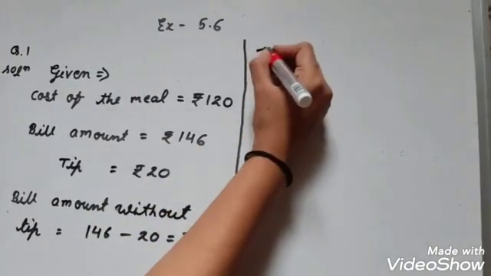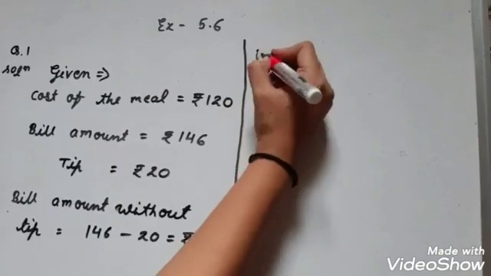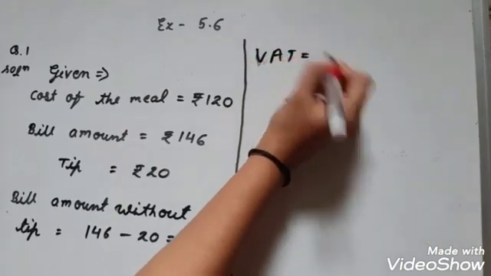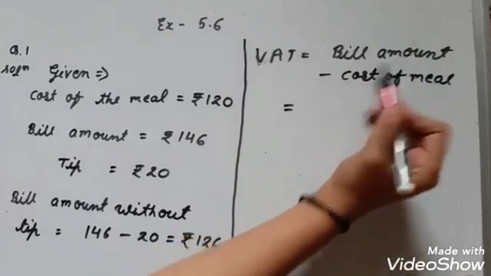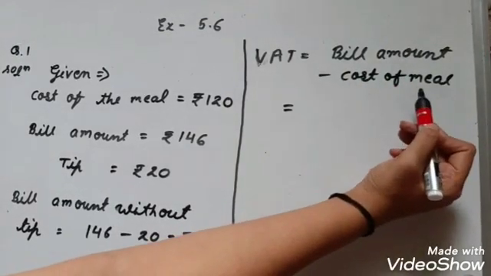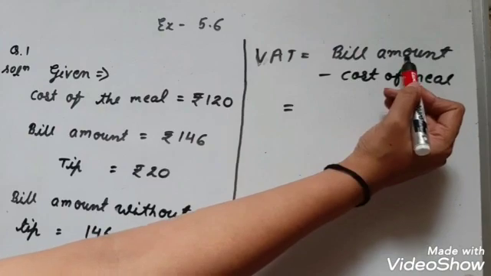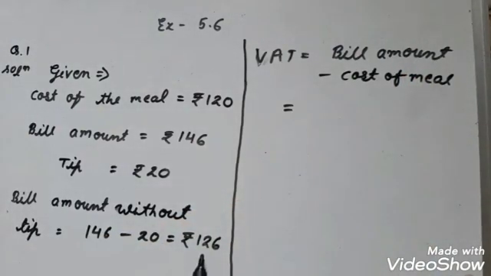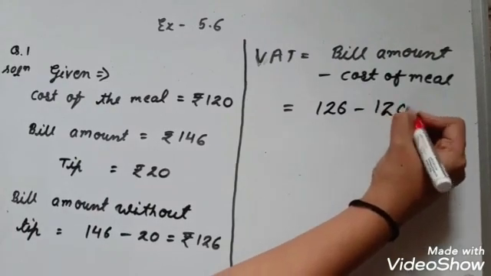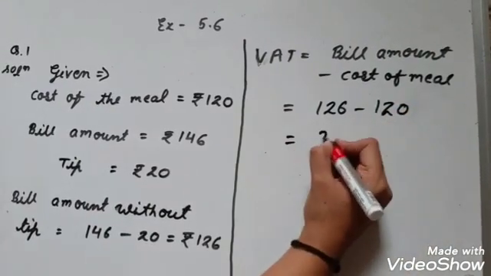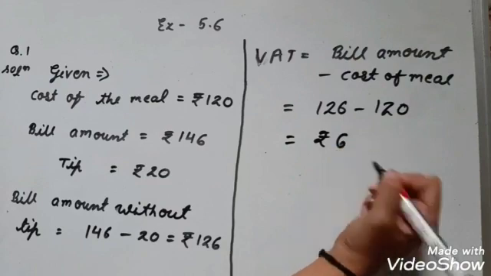So for that, what to do? Bill amount minus cost of the meal. So in this bill amount we have to write this amount without tip. So 126 minus cost of the meal, 120, so tax is rupees 6.